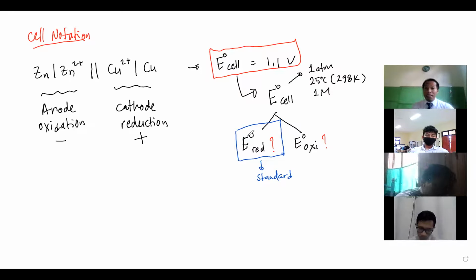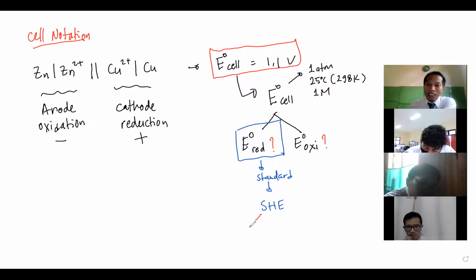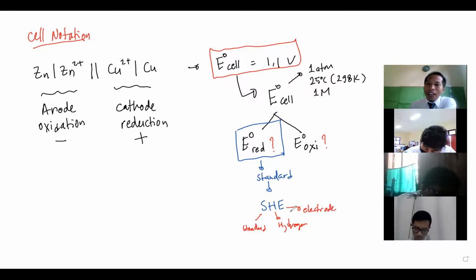So what does this SHE mean? SHE is the abbreviation for standard hydrogen electrode, and they accept the value for SHE as 0 volt.